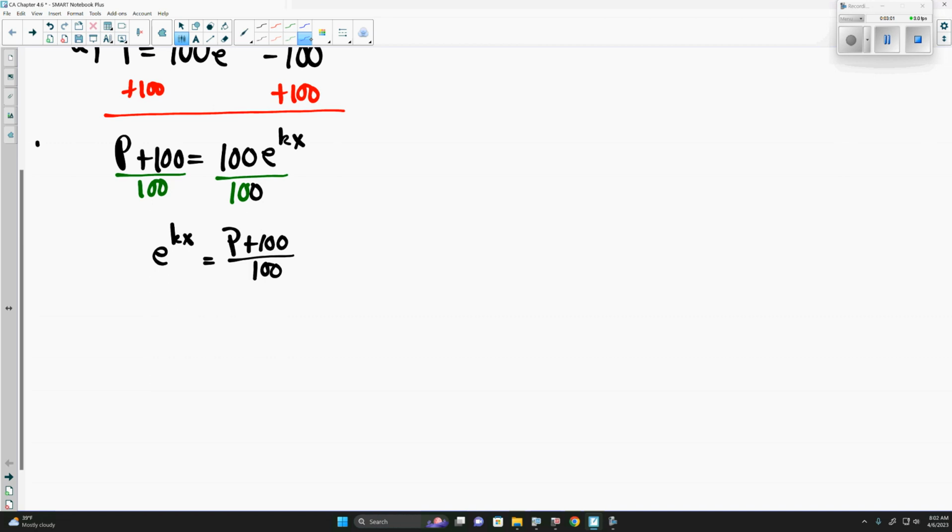Any questions on this so far? Well, the next thing we need to do is to get rid of the e and specifically get x out of the exponent. Well, the only way to do that is to apply a logarithm to both sides. And in this case, we're going to apply the natural log.